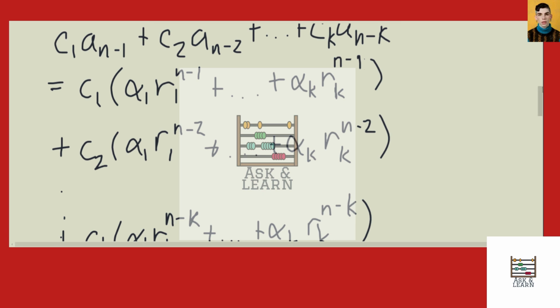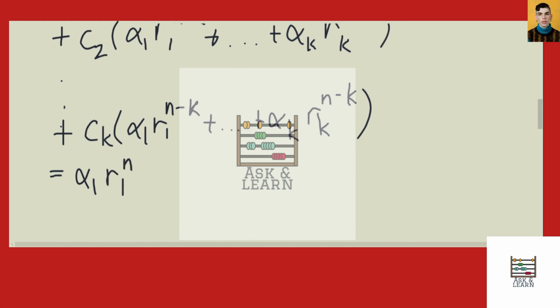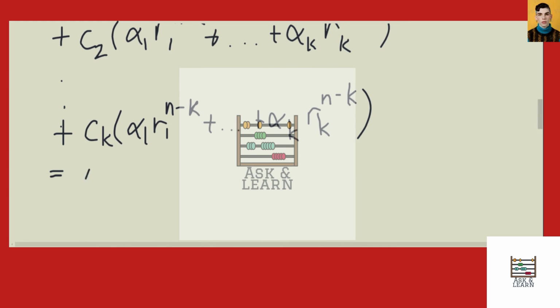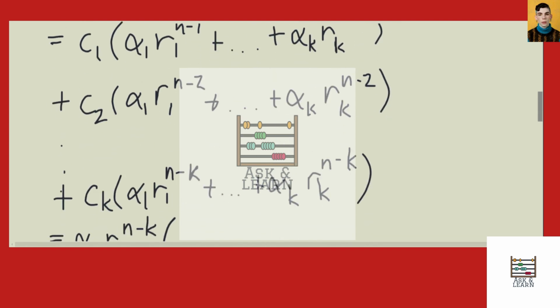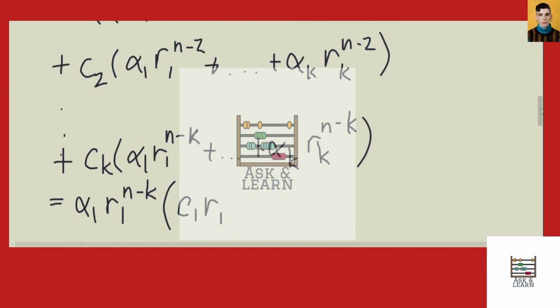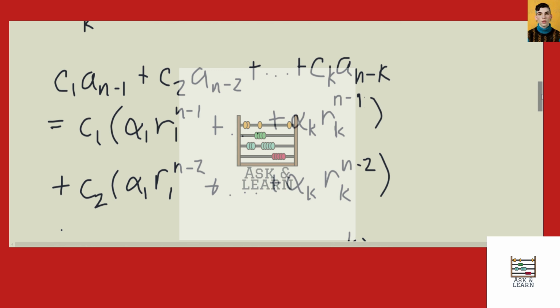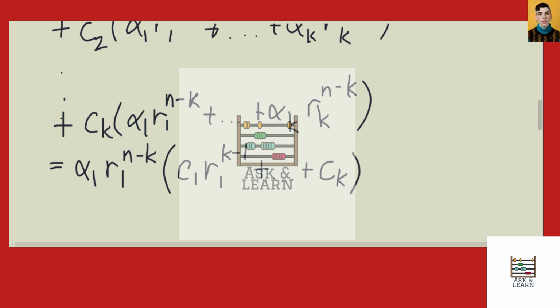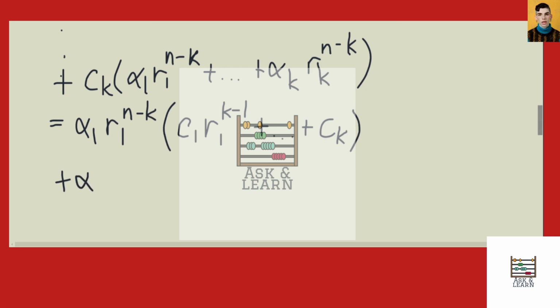So this is equal to, factor out alpha 1 r1 to the n minus k, you get that times c1 times r1 to the, and we have n minus 1 minus n minus k is k minus 1, and this goes all the way out to ck, plus factor out alpha 2 r2 to the n minus k.